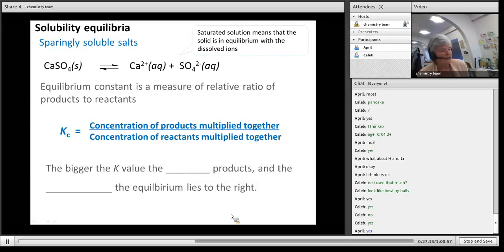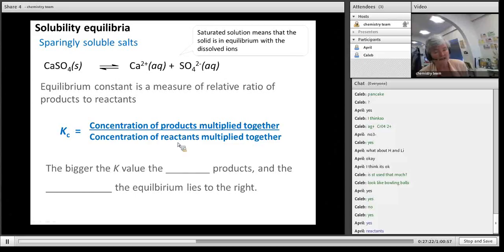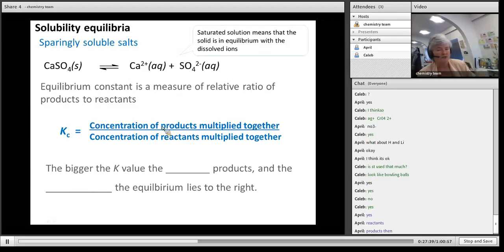So if I have a big K value, looking at this ratio, do I need more products or more reactants? So just on a straight maths fraction sort of thing, if I want to have a big K value, remember, it's products divided by reactants. So I want a bigger number on top, don't I?